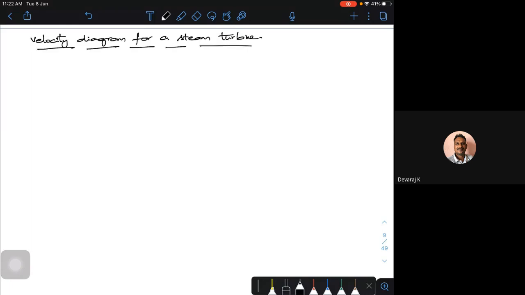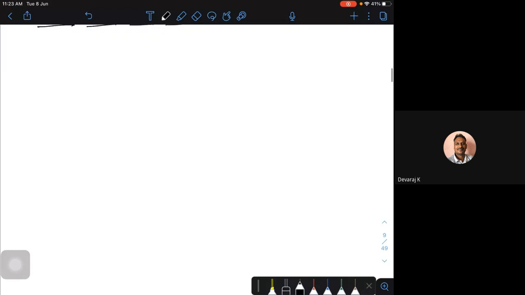Now, if you closely observe, we try to draw the velocity triangles for a rotor. Let me draw the blade. I may be having a blade like this. So this is my blade, and the blade will have an inlet velocity triangle and an outlet velocity triangle.